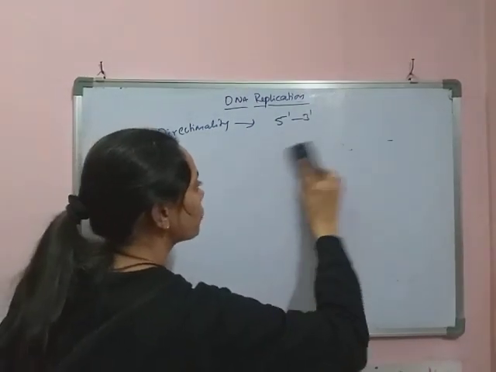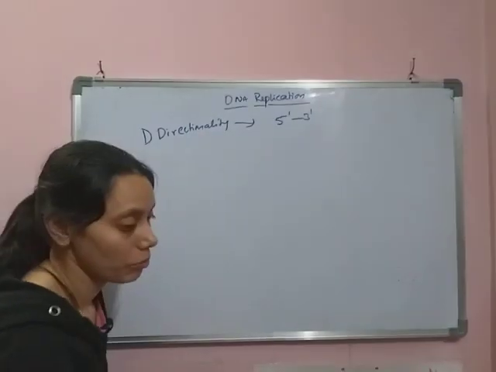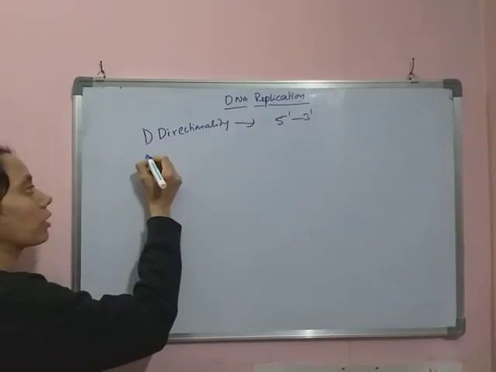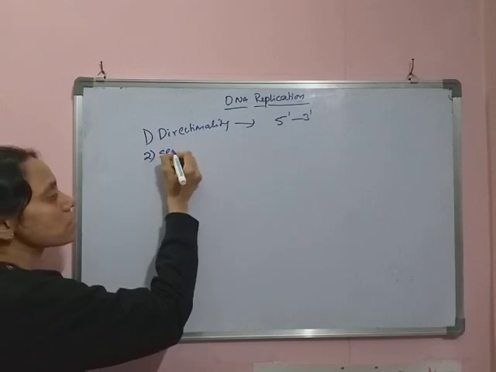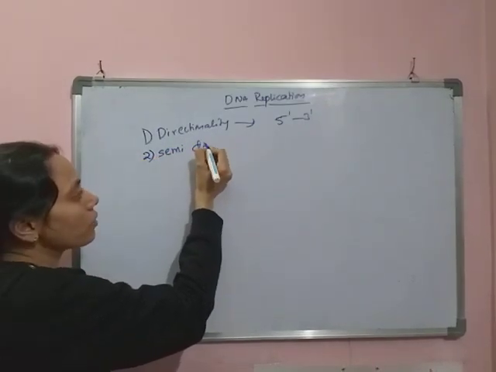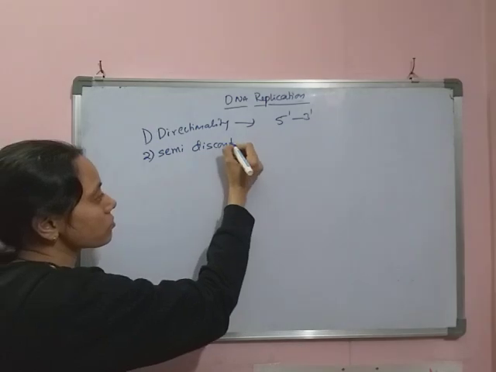And what are the other features? DNA replication is called a semi-discontinuous process.